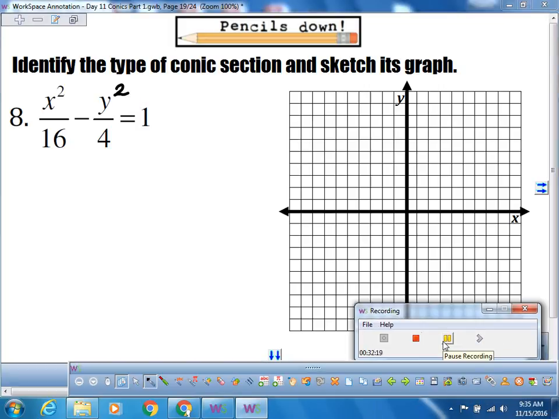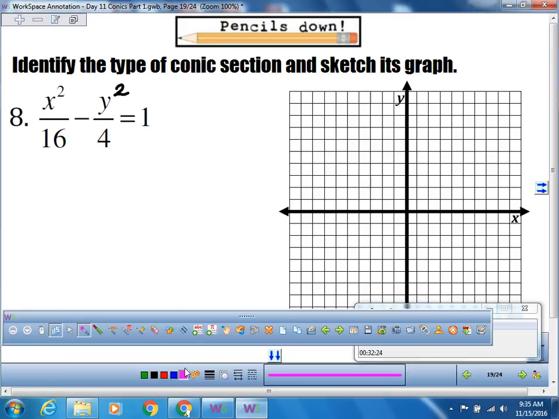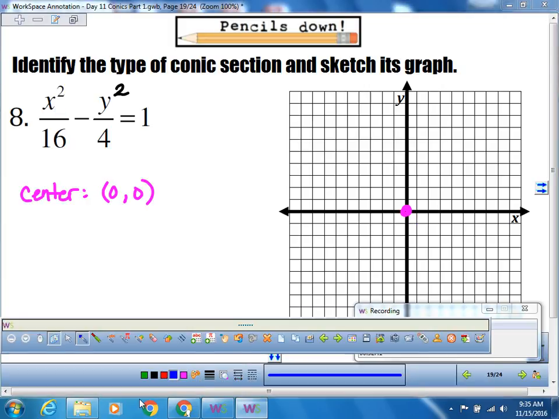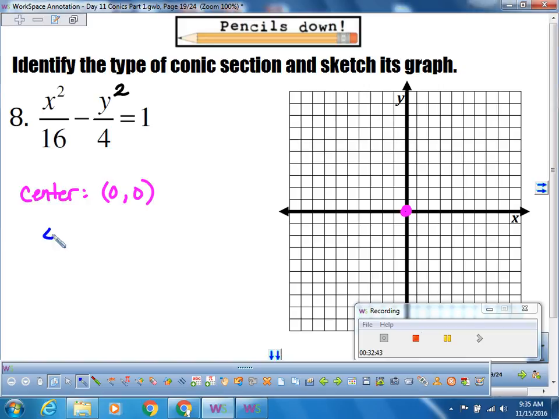Okay, so I'm going to look at my center to begin with. I'll wait until everybody stops talking so I don't have to talk over everybody else. Thank you. So my center is at 0, 0. I'm here. On my x-axis, I'm going to go 4. 4 on the x, sorry, not up.